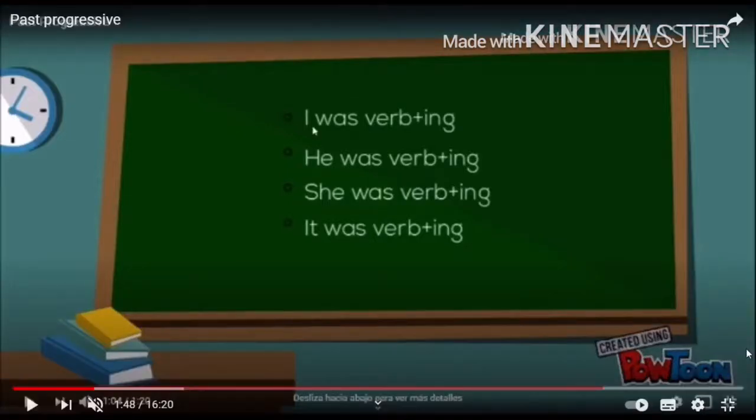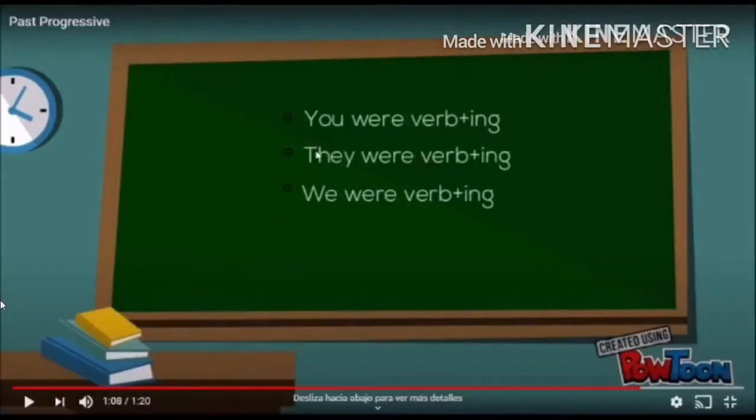For singulars, I'm going to use was and the verb with ing. And for you, they, and we, I'm going to use were as the verb to be in past tense, with the main verb in ing.